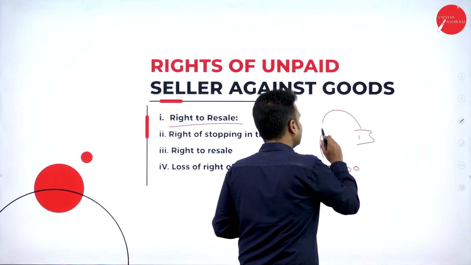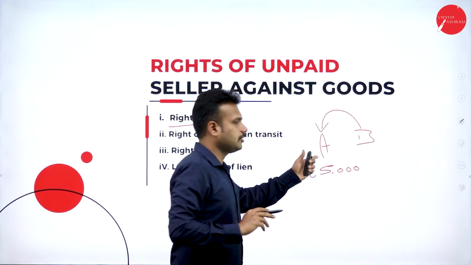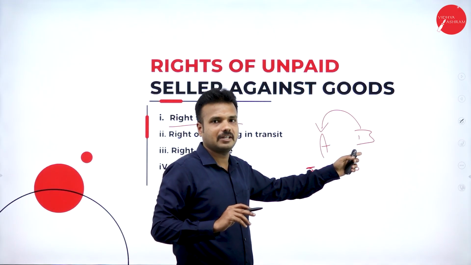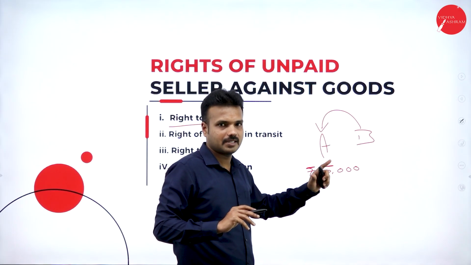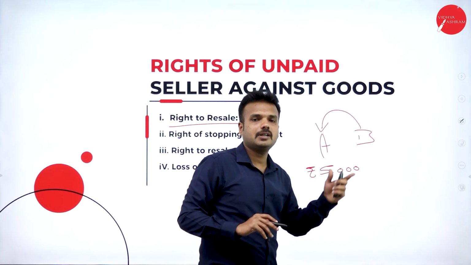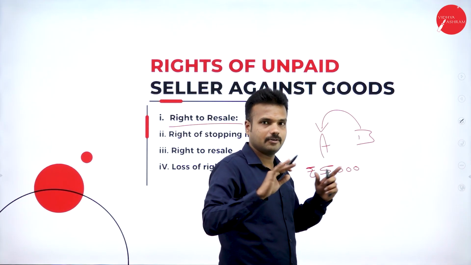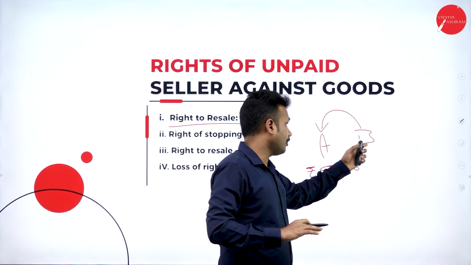He refused to pay the complete amount to Mr. A. So Mr. A said, please pay me the amount and I will deliver the product. There is no response. The second time he said that if you don't pay the money, I am going to sell the goods to some other person. There is no response.